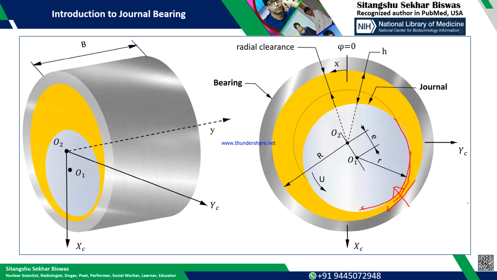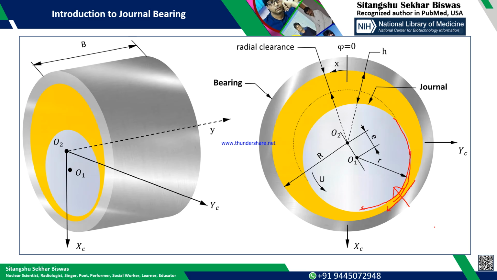Okay, I hope this basic mechanism you have understood. In the subsequent lecture, I will show you some practical example with the help of this bearing chart. There you have to calculate the Sommerfeld number, and from there how to decide the minimum gap, meaning what should be the minimum clearance between the bearing and the journal.